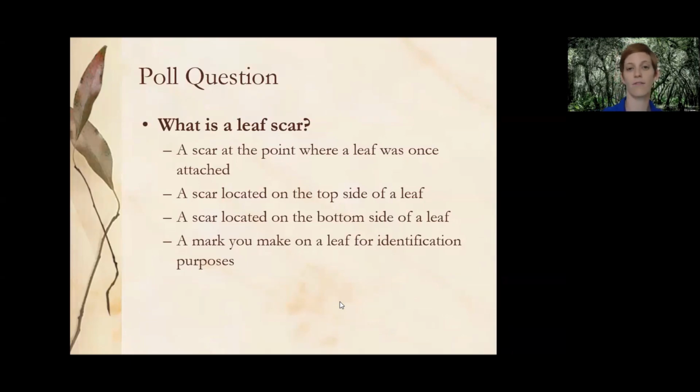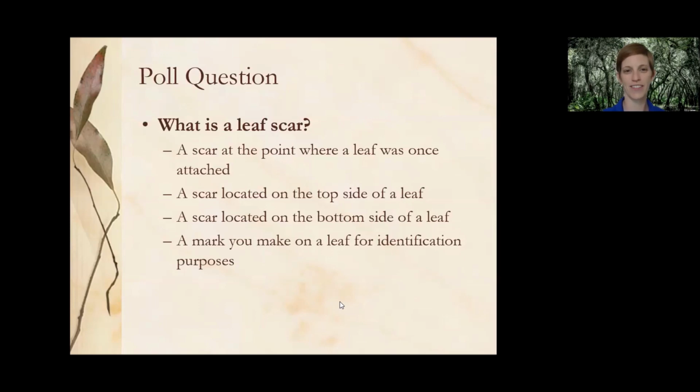Or a mark you make on a leaf for identification purposes? Okay, I don't see any more votes coming in. Oh, there's one more. I'll give 5 more seconds. All right. You guys are so good.